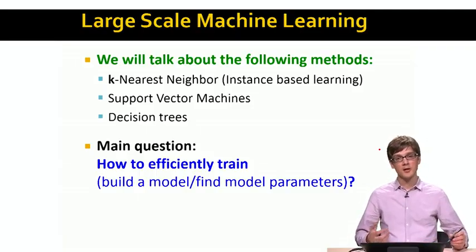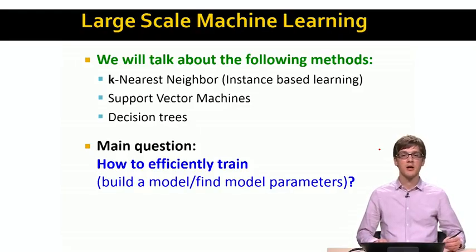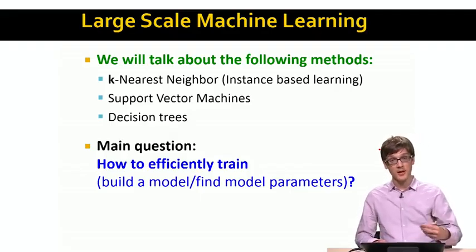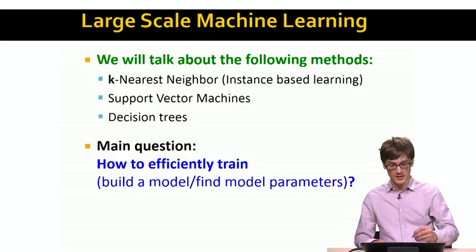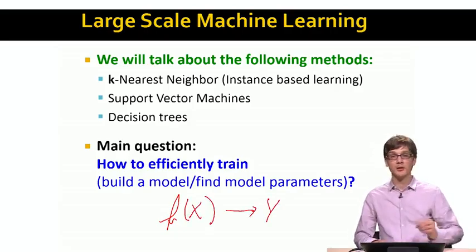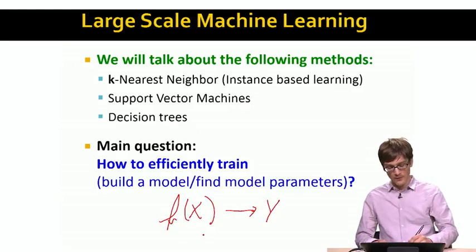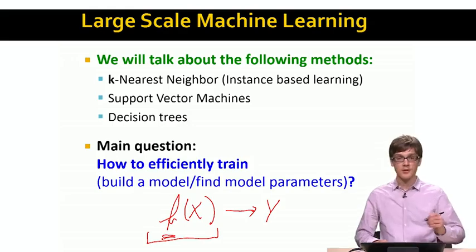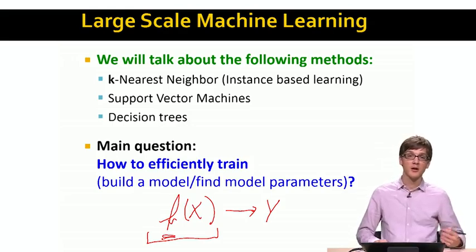The main question when working with machine learning methods is how do we efficiently train or build a model based on the data. So in a sense, the main question that arises in machine learning is how do I find this function f that takes the input features and predicts the class variable, right? Learning or estimating this function f is the hardest part of machine learning.